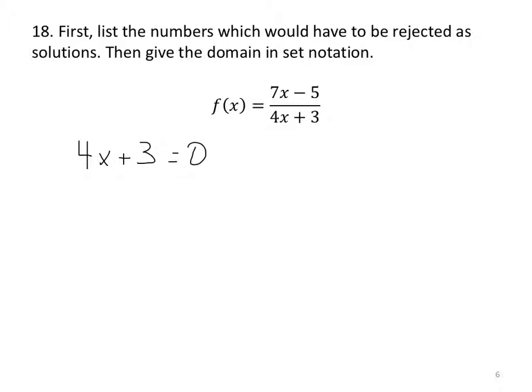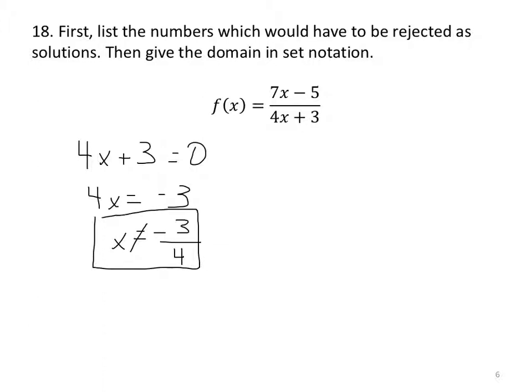and solve for x, to find what x would have to be to make the denominator 0. So the first part of the answer is that x cannot be -3/4.